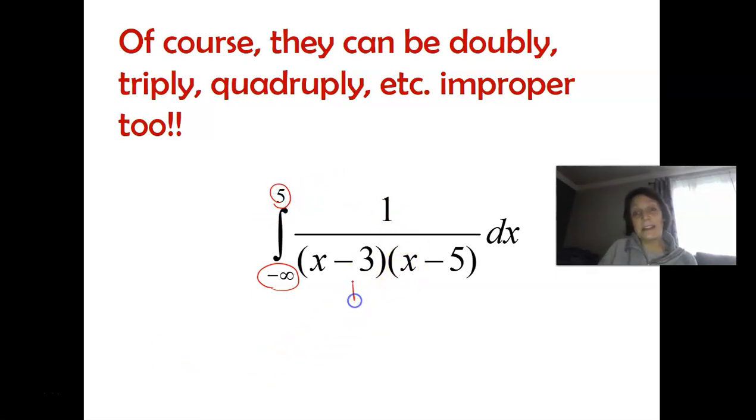And it's improper because it has an infinite discontinuity at 3, which is on this interval. So this thing is improper in 3 different ways, and if we were doing this, we would need to address all 3 of those. The method is not really anything new, but it's kind of a pain, something that we have to do.